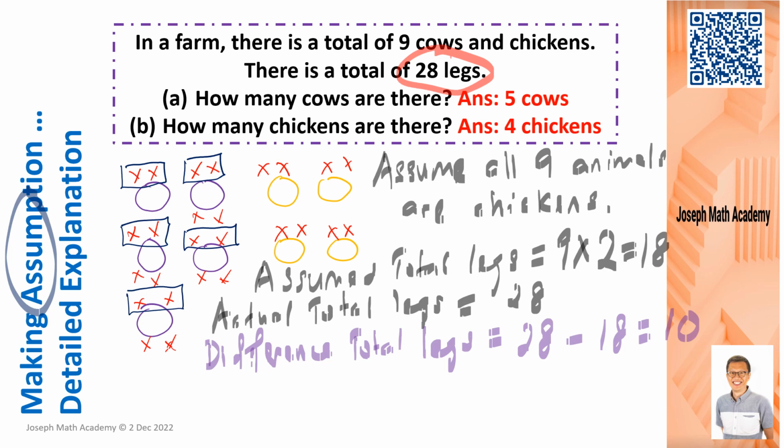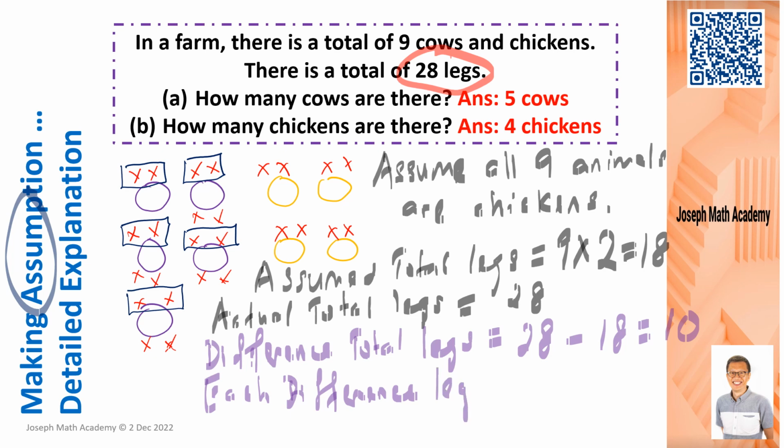Now, to do a systematic solution for making assumption, we need to write down this equation: each difference. Each difference means the difference in legs between 1 cow and 1 chicken.